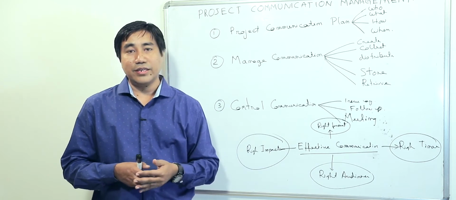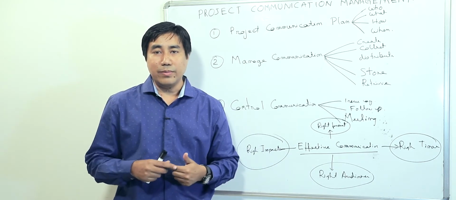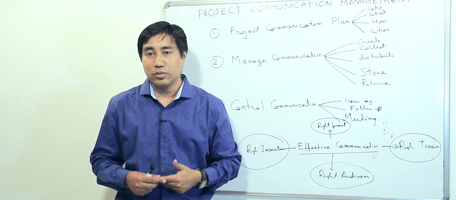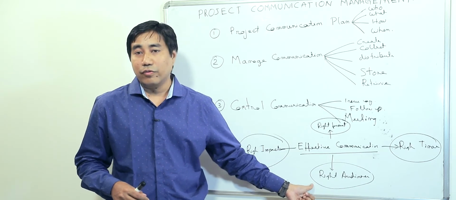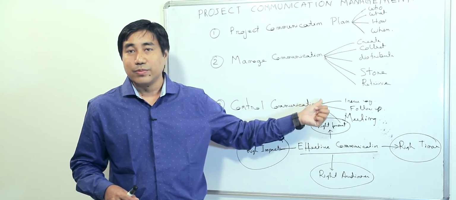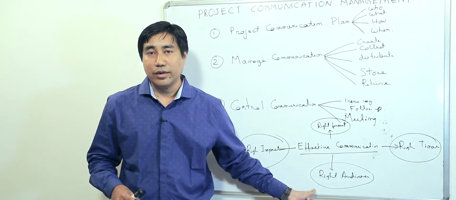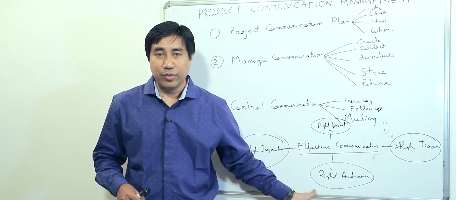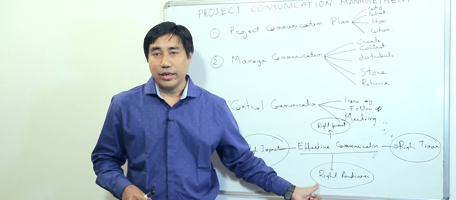Say if I send only the dashboard to my team members, they will shoot me an email again asking for the details of the project. They are not the right audience for the dashboard, because they need a detailed report. That's why we have to understand the right audience of the report. When we do the communication, we also have to see who the audience is.